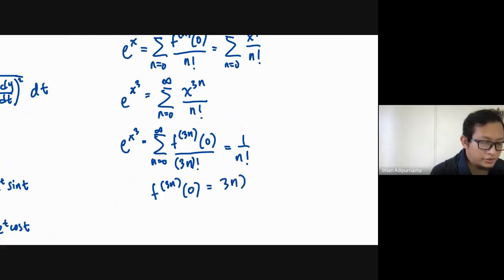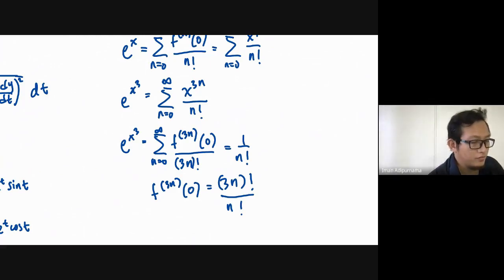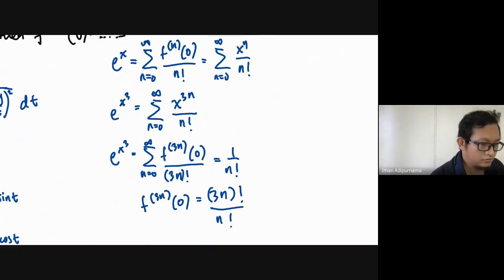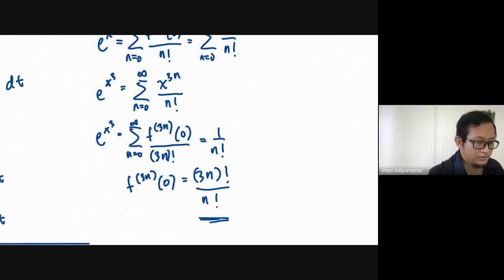So this will be 3n factorial divided by n factorial. So this is the answer.